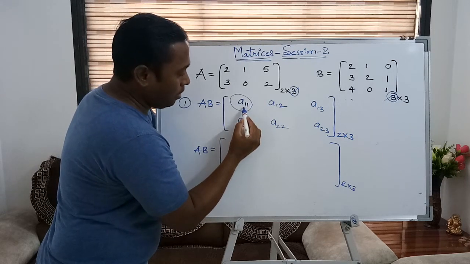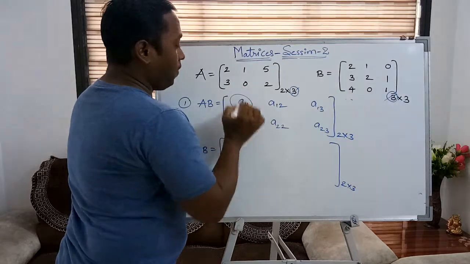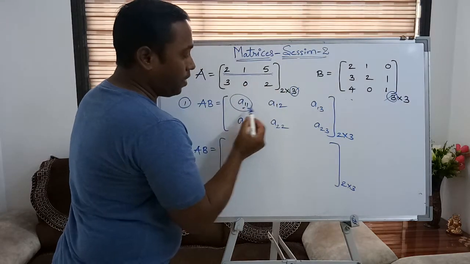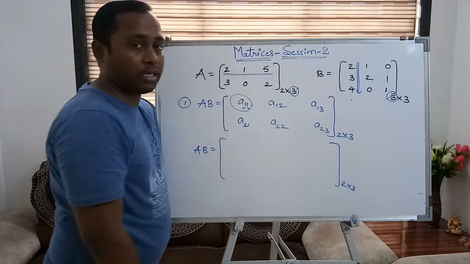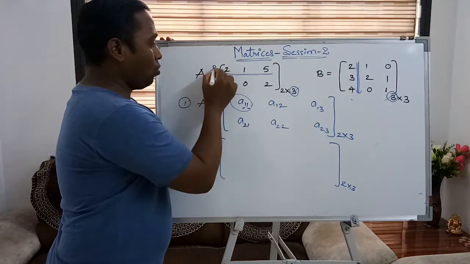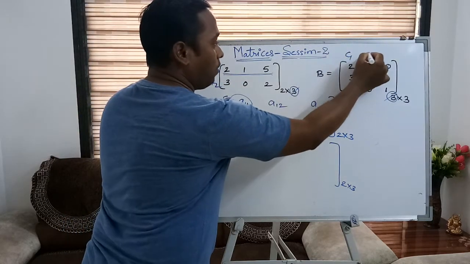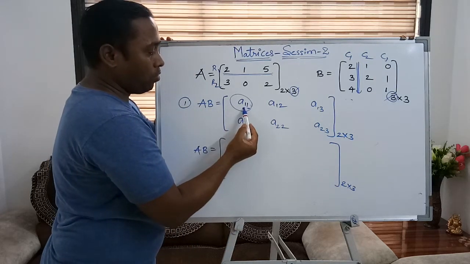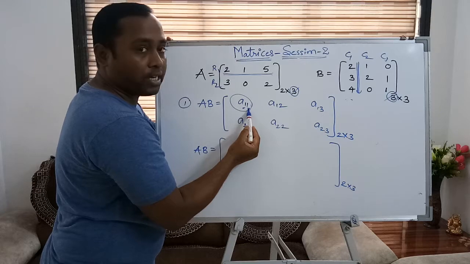It means the first row, first column element: first row of the first matrix, first column of the second matrix. Remember, row 1, row 2, and here column 1, column 2, column 3. So first row of the first matrix, first column of the second matrix.